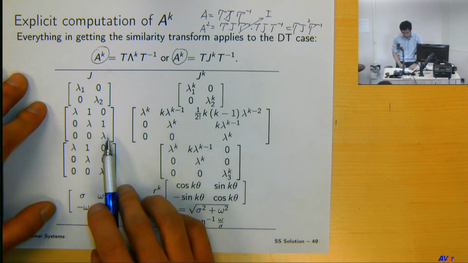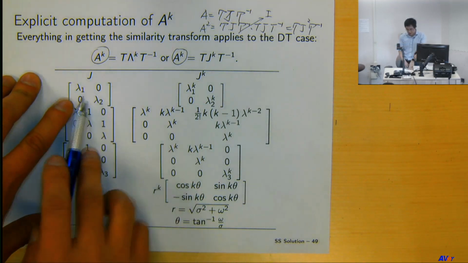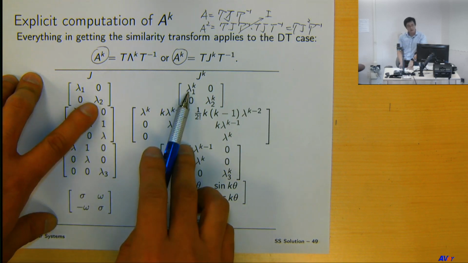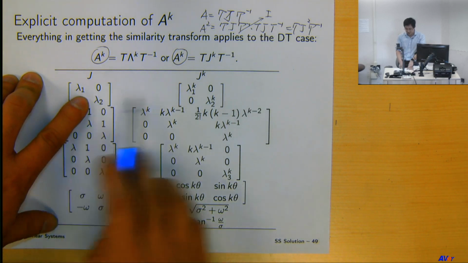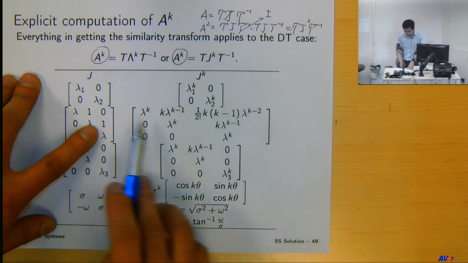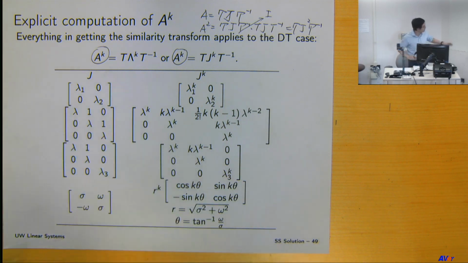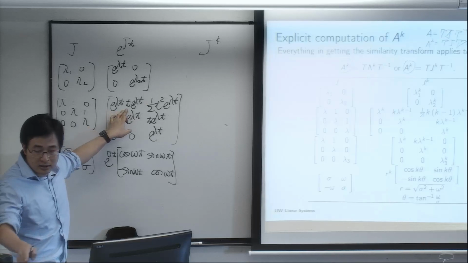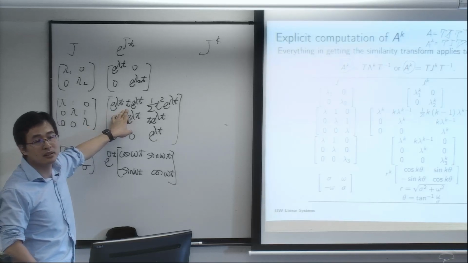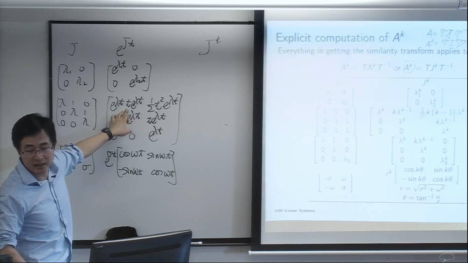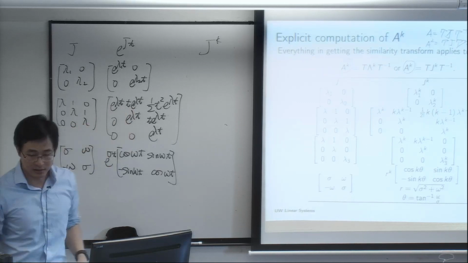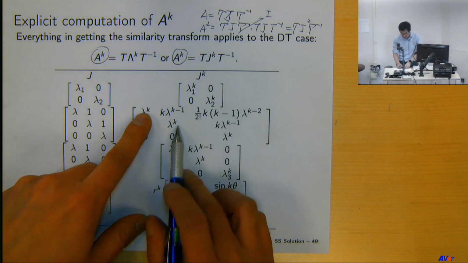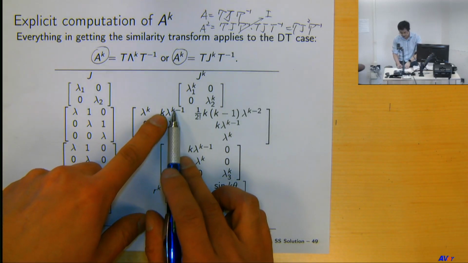So some typical pairs are listed here. If it's diagonal, then the power of diagonal matrices is easy, just the power of the individual diagonal elements. If it's Jordan form, it is similar to here. You get T times the power of J times T inverse. In the discrete time case, you get k, the time in discrete time, multiplying, like a structure that's similar to the direct diagonal terms. So it's k times lambda to the power of k minus 1.